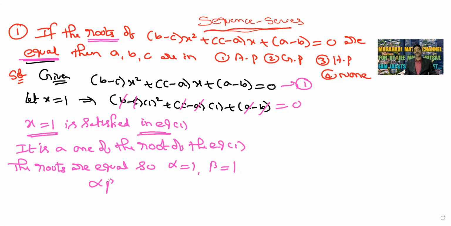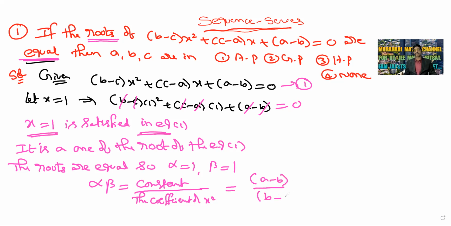So the product of roots alpha beta is equal to, what is the formula? C by A, constant by the coefficient of x square. The constant value is a minus b, and the coefficient of x square is b minus c.